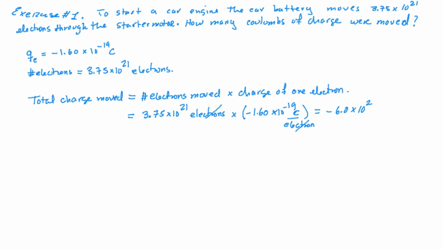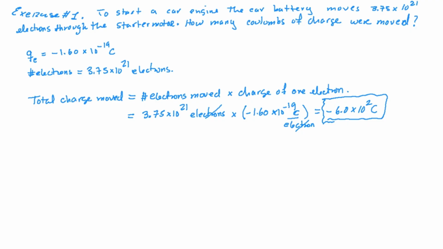So in this exercise, if we want to find total charge moved, we multiply the number of electrons that were moved times the charge given for only one electron. And that gives us the total charge that was moved. Okay? So this is a very easy exercise, right? But it's an exercise where we work with the charge of the electron and with this concept of what is charge, what is the total charge, right?